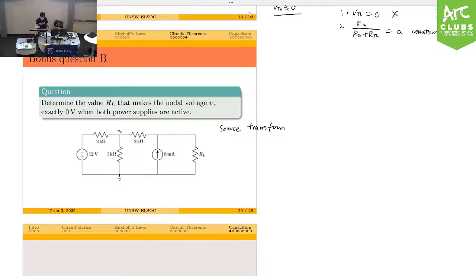Let's transform this network into a current source in parallel with a resistor. So this becomes 12 over 2 kilo ohms, so that's 6 milliamps, in parallel with a 2 kilo ohm.